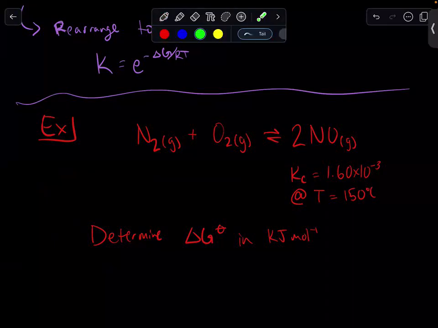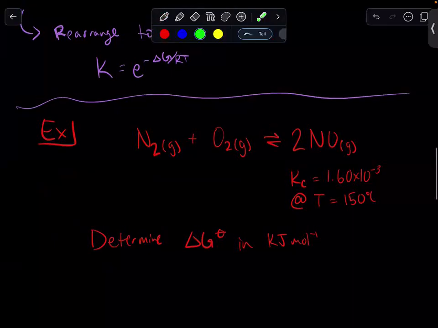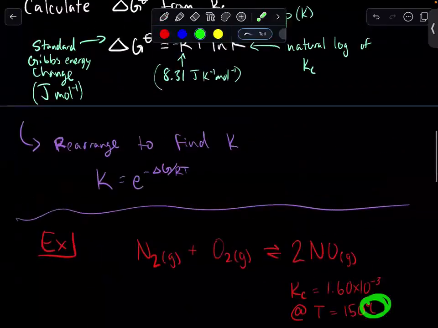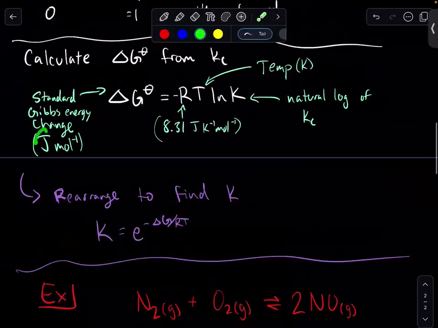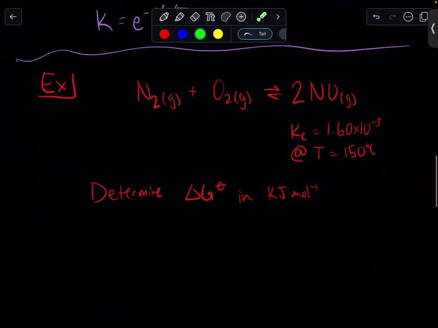So two little discrepancies we have to deal with. We have Celsius here, and we're looking for kilojoules, when we know that our equation gives us joules and takes Kelvin. So we need to make sure we remedy that by the end of our problem solving. So we'll go ahead and set up our equation.